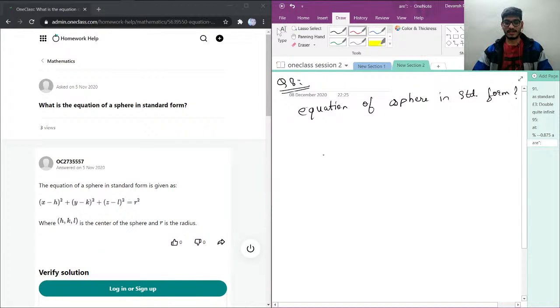Well, I'm not sure that I can draw a sphere completely, but the equation of a sphere resembles a lot the equation of a circle. So suppose a circle is 2D.